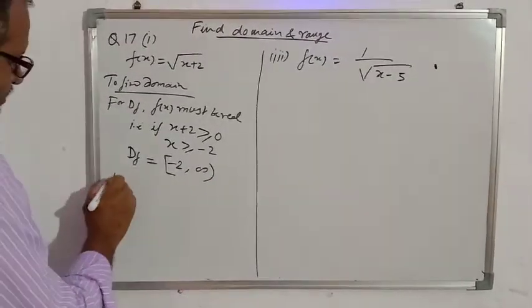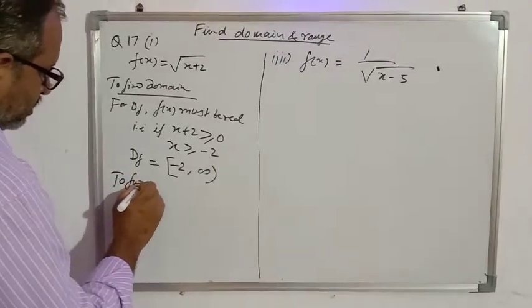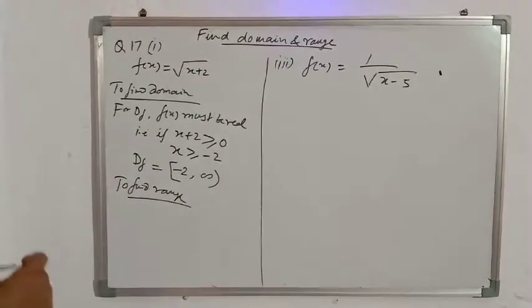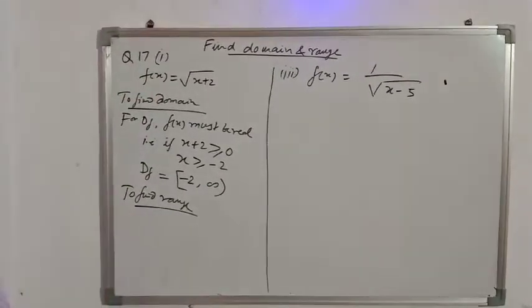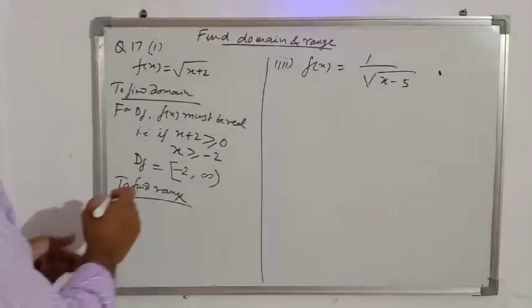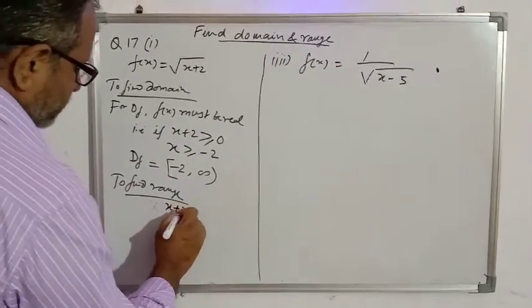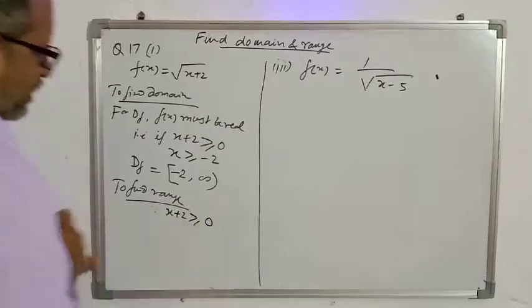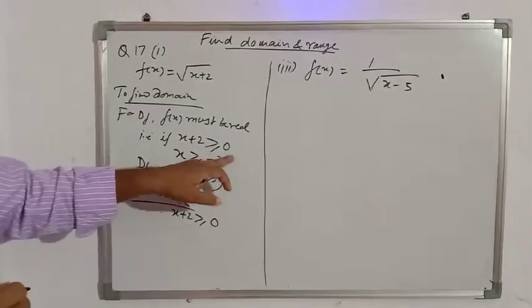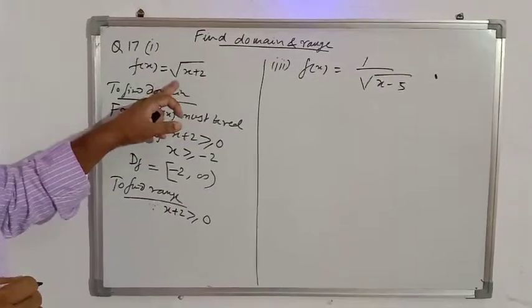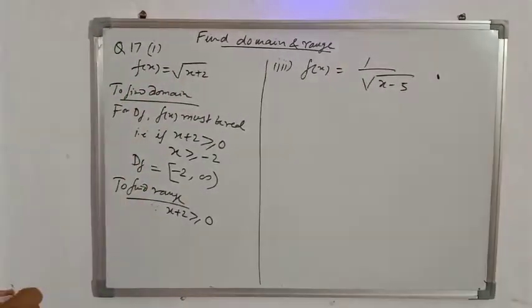Now to find the range, that means the possible values of f(x). We know that x plus 2 must be greater than or equal to 0 for f(x) to be real.